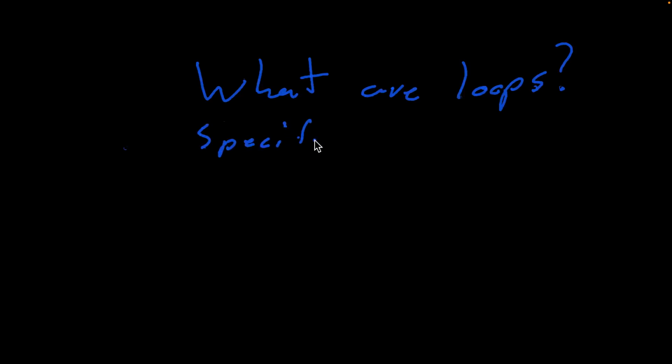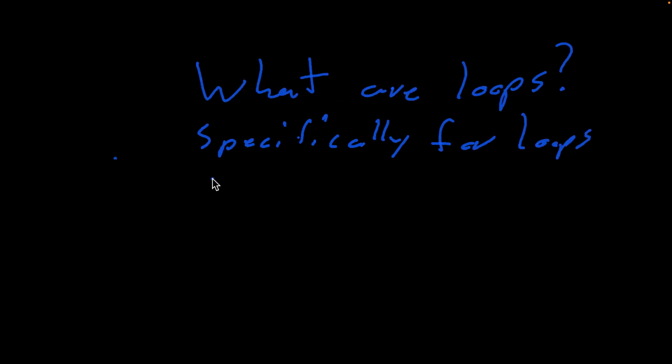What are loops? Specifically for loops. A repeating cycle meant to cycle through or check against values. Right.